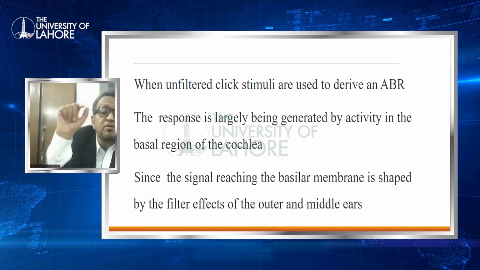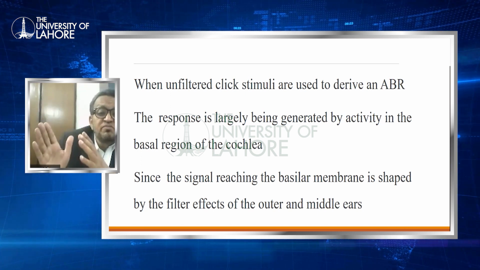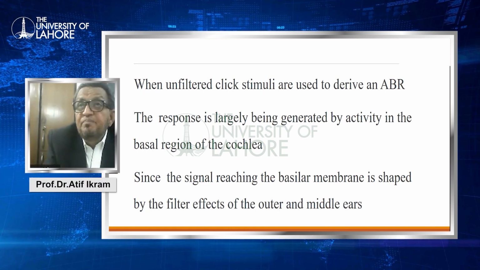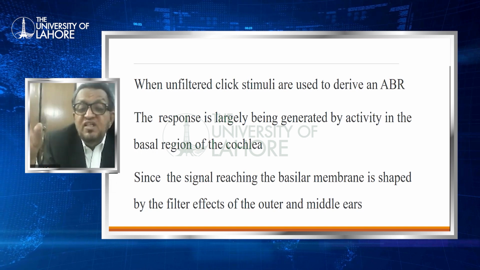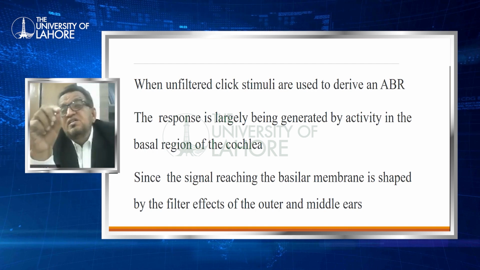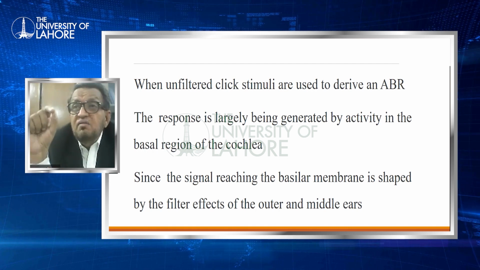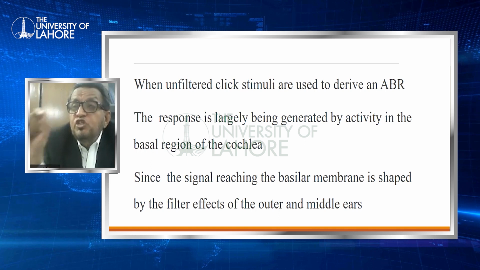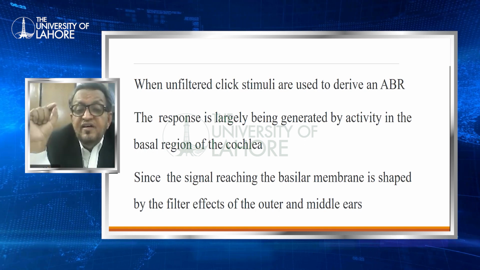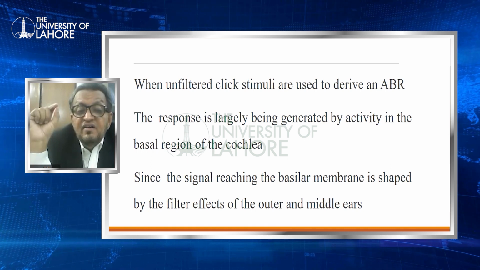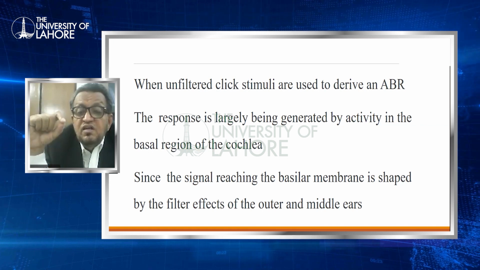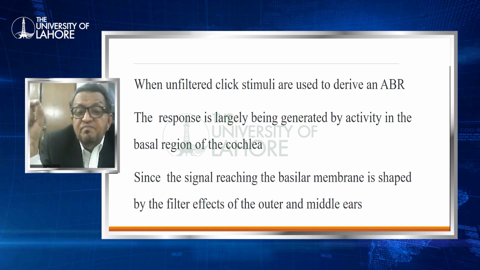The signal reaching the basilar membrane is shaped by the filter effect of the outer and middle ears. Now, basilar membrane response is dependent upon the response of the outer hair cells of the inner ear and also the outer and middle ears.